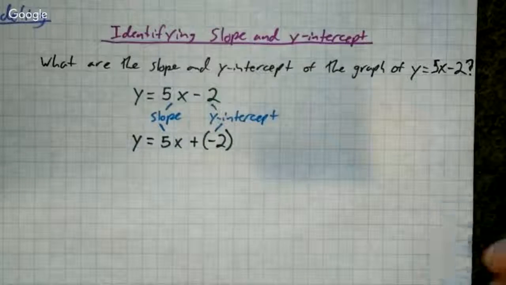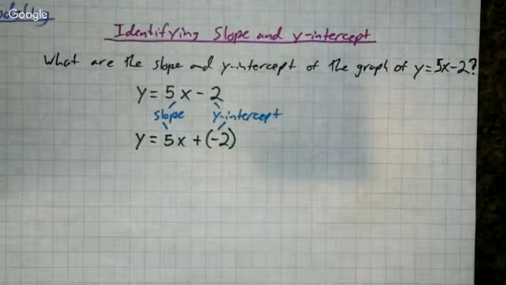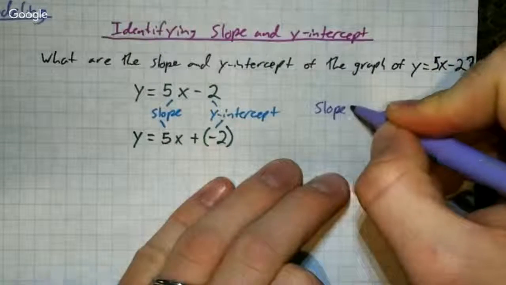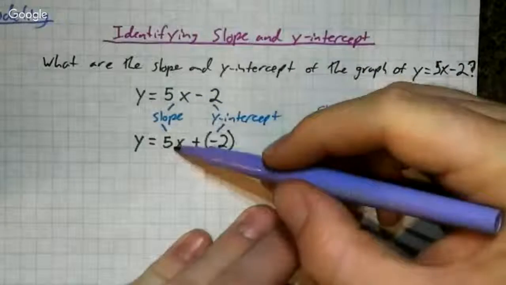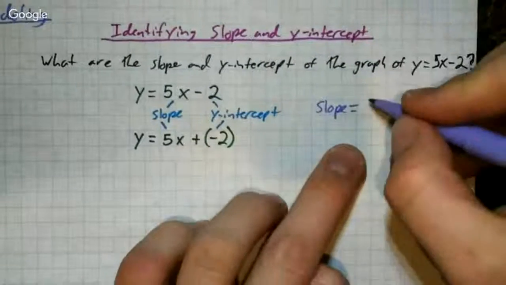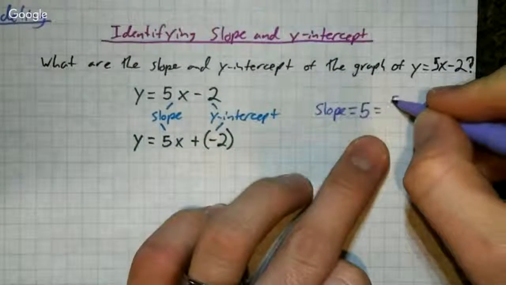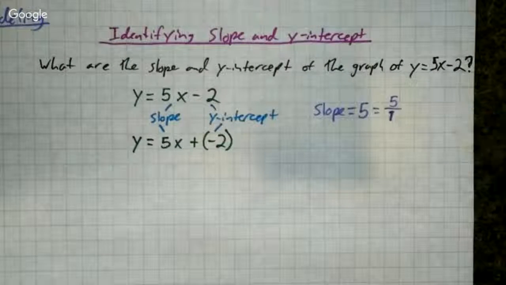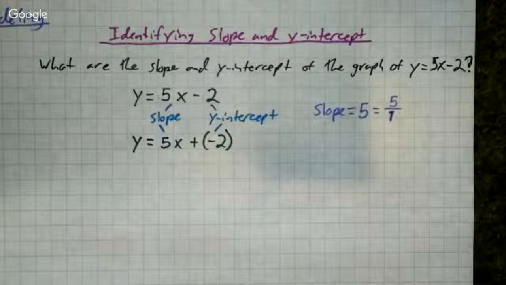Now we can figure out what it is. So over here, we can say, okay, well, what is the slope? Well, the slope equals 5. Well, it's 5x, but the line is going to be 5. And you can also write that as 5 over 1. So the rise will be 5, the run will be 1, up 5 over 1.